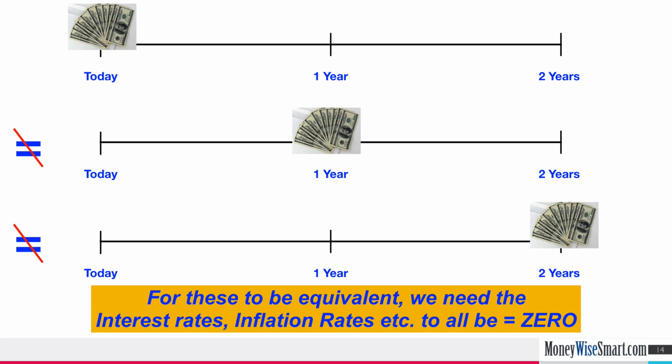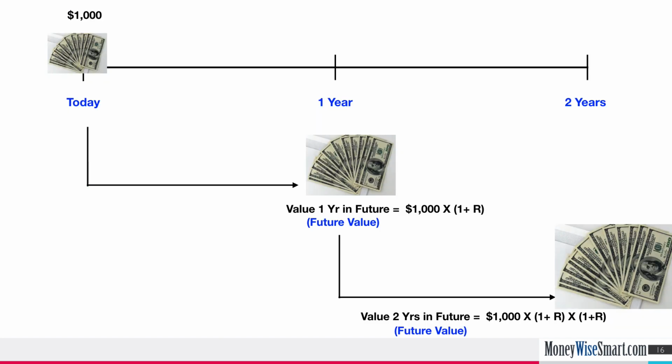And that happens when the interest rate is 0 or when the opportunity cost of not having the money today is 0. Now, we all understand that the value of $1,000 a year from now becomes $1,000 multiplied by 1 plus R, where R is the opportunity cost or where R is the interest rate.